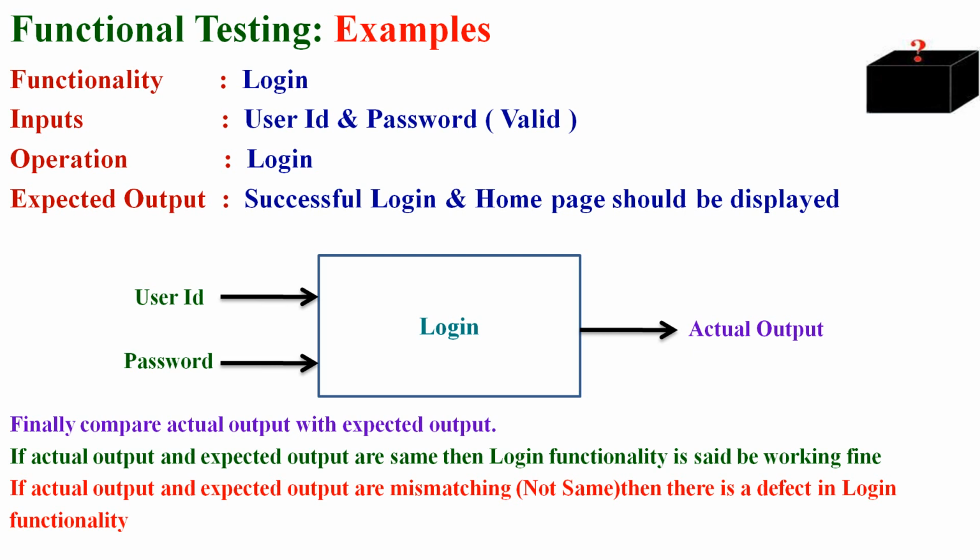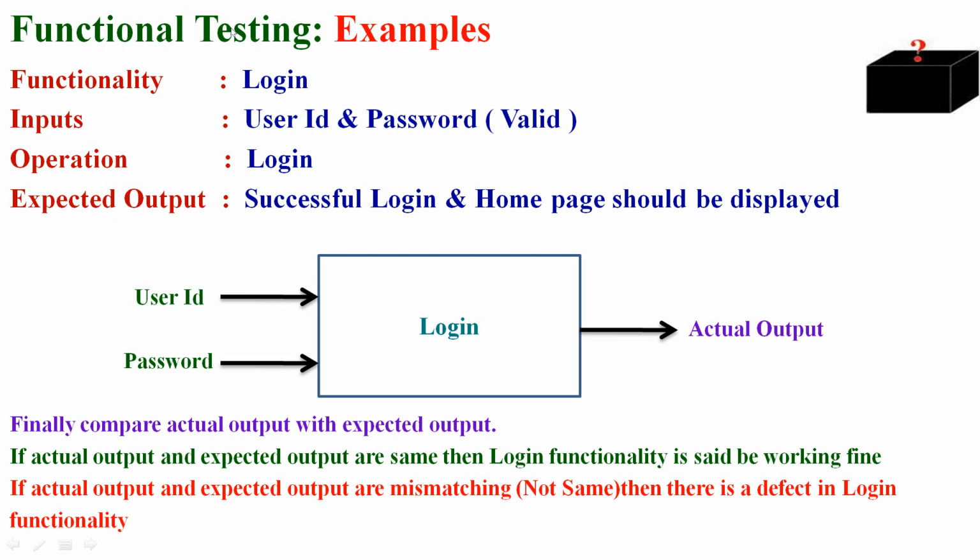Now, in this example, I have taken only the valid at present. So what are the inputs for the login functionality? User ID and password. What is the operation that we have to perform on the inputs? Login operation. What is the expected output? What you are expecting after successful login? Successful login and the home page should be displayed. Yes or no? So this is the expected output.